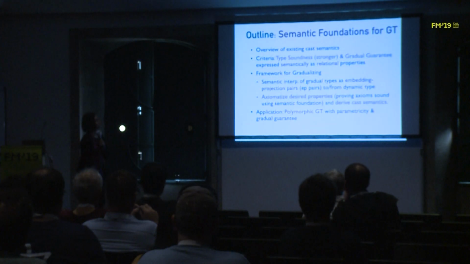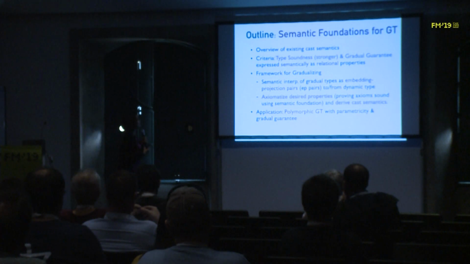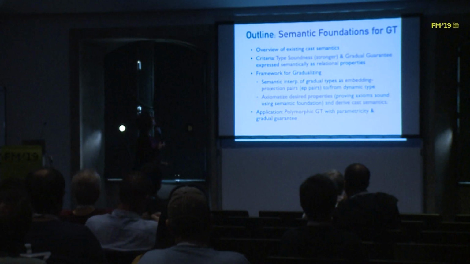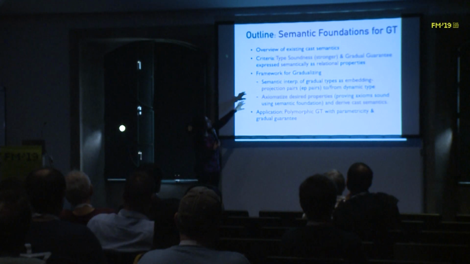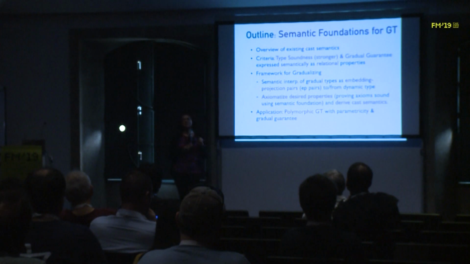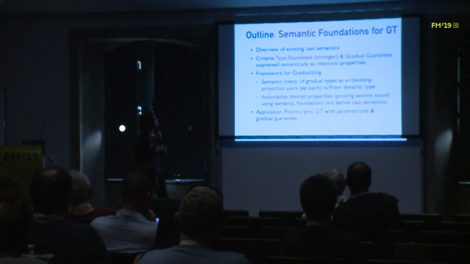Okay, so that was the philosophy and more of the outline. It's basically that, except I'm not talking about performance, as you can see. And I'll just point out one other thing. I'm going to talk about how we give the semantic interpretation of gradual types in terms of these things called embedding-projection pairs.